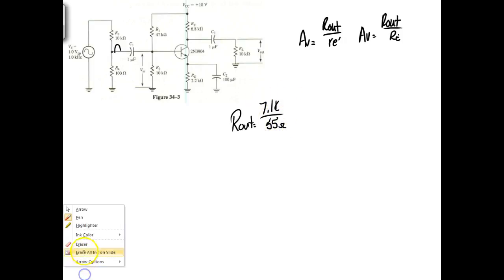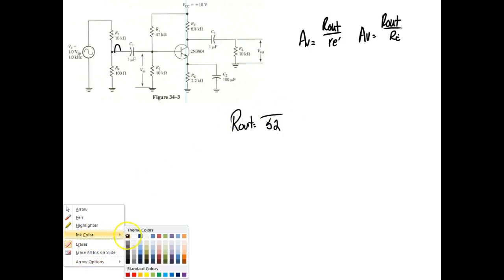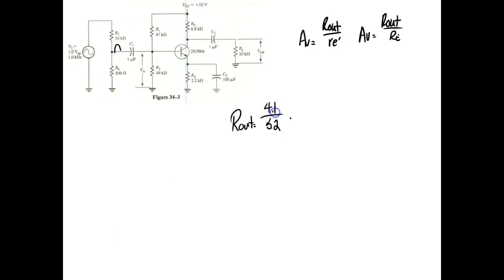So I got 4.1K over 52 ohms. And what did that give us? Okay, and let me get my formulas right.